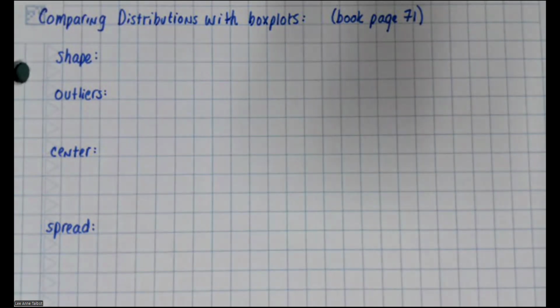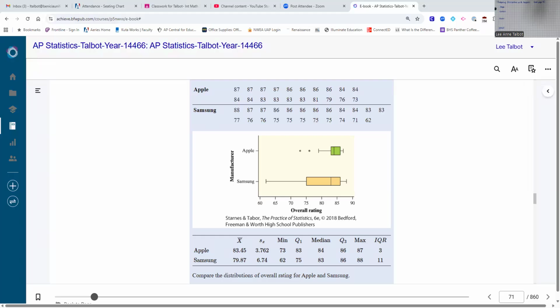I have a picture pulled up from our textbook. This is a problem out of our textbook. Notice that there are 2 box plots right next to each other, and it's Apple phones and Samsung phones. I don't even know. Oh, ratings, apparently. And it says compare the distribution of overall rating for Apple and Samsung. So I want to make sure that you know the requirements that I'll be looking for when you're comparing 2 distributions.